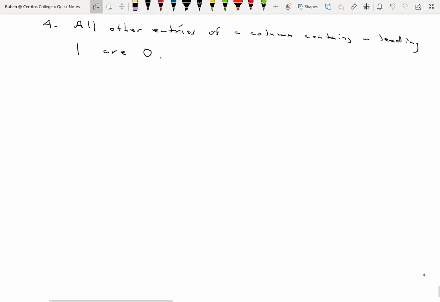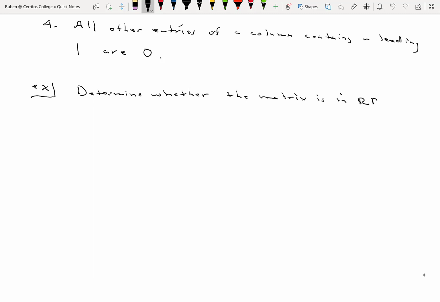So here's a quick example to make sure that you're okay with RREF. Determine whether the matrix is in RREF, reduced row echelon form.